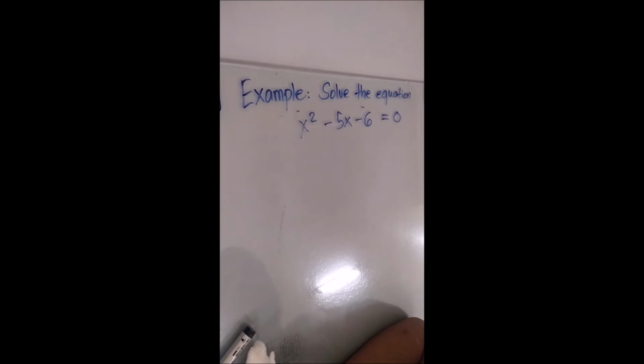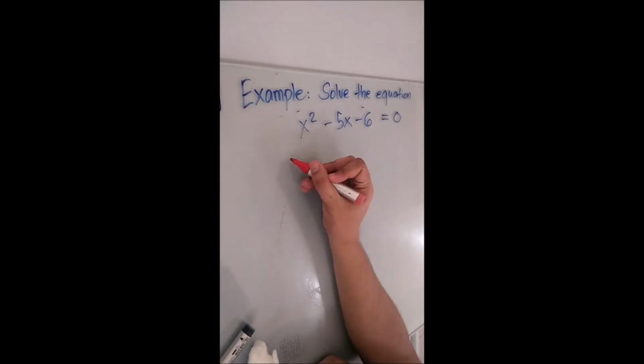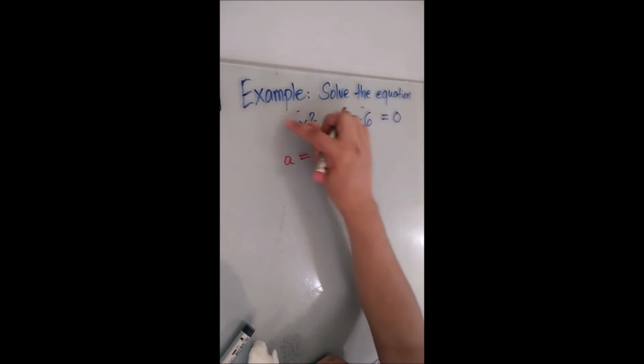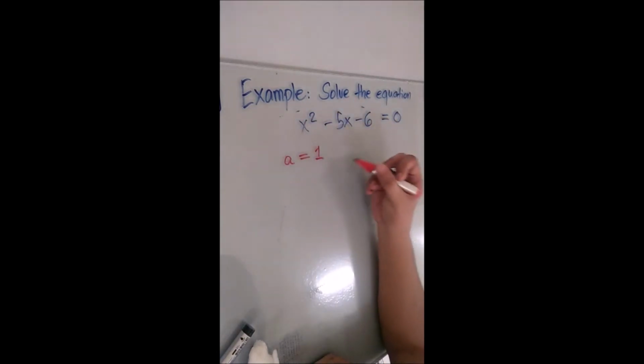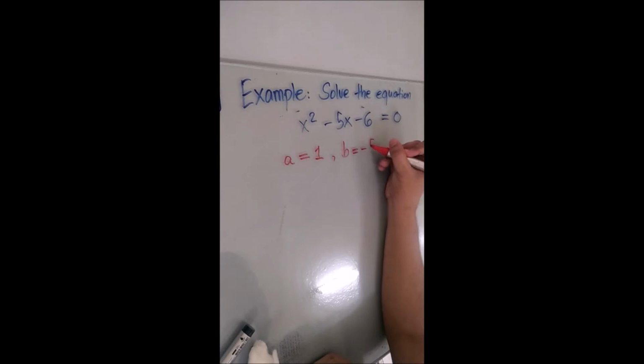Let's have an example. Solve the equation x squared minus 5x minus 6 is equal to 0. The quadratic equation is in standard form, so let's now identify the coefficients. a here is equal to 1, since there is no coefficient written, it's understood that the coefficient is 1. b is the coefficient of the linear term, which is negative 5.